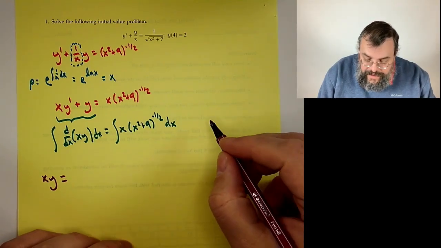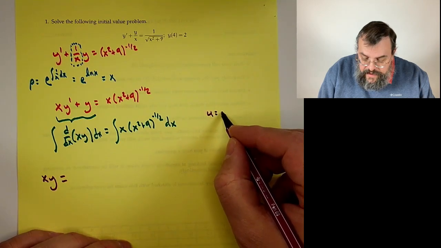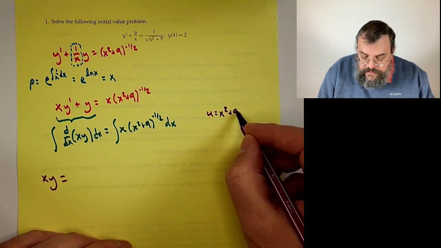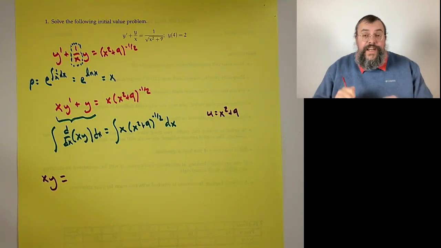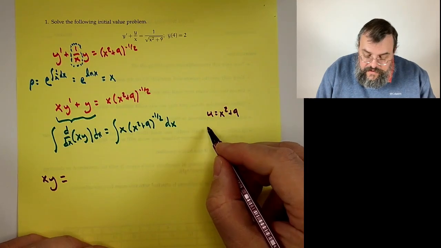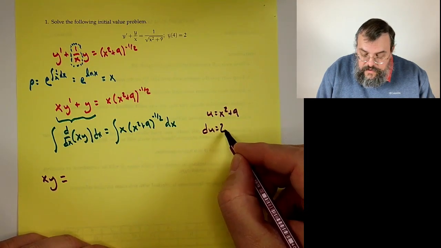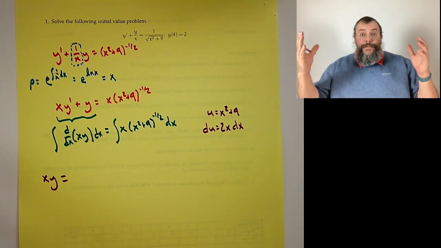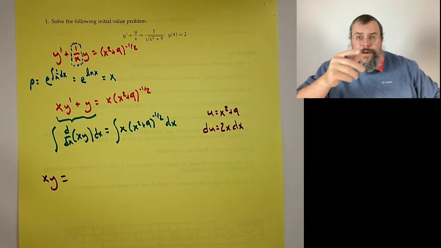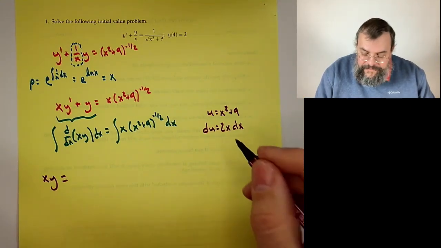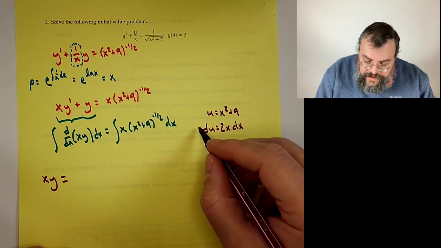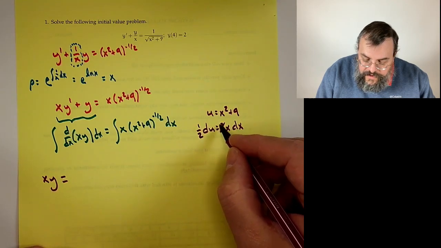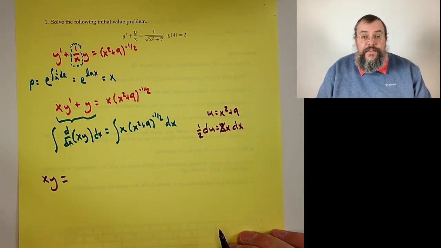If we let u be the inside part, and the only thing that really fits is x squared plus 9, then du is 2x dx. X dx, perfect. And you say, well, what about that 2? Don't worry. We have the technology. It's called divide by 2. So 1/2 du is x dx.